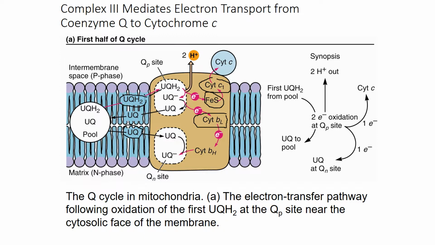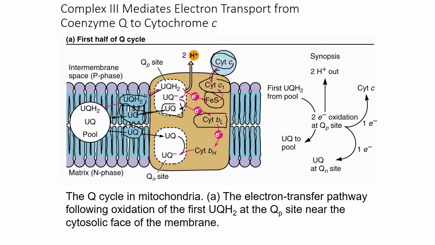From the iron sulfur center, that electron is transferred to cytochrome C1, and then finally out of the complex into that inner membrane space to cytochrome C. The second oxidation occurs and we get the quinone. No electrons, no protons. That diffuses back into the membrane.